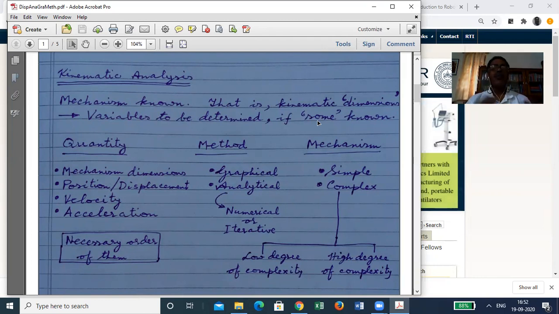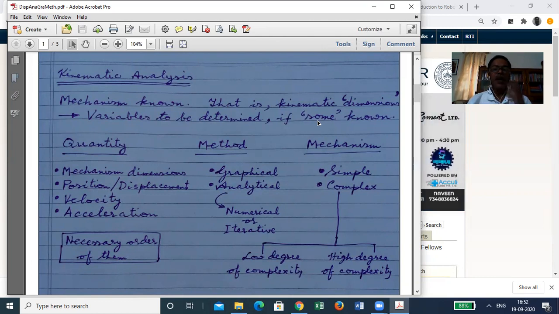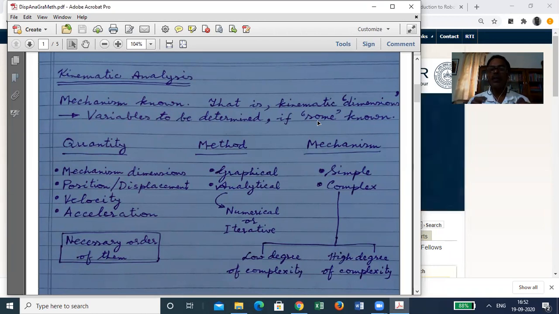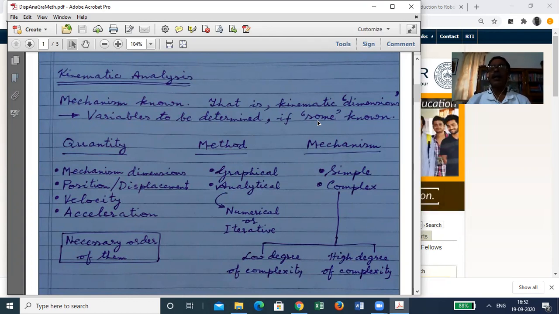So if you are working with a 2 degree of freedom mechanism, then two variables should be known for you to determine the others. Typically, the understanding is that the 2 degree of freedom mechanism will require two inputs, and the two inputs are given, and then you can determine all the output variables and intermediate variables.